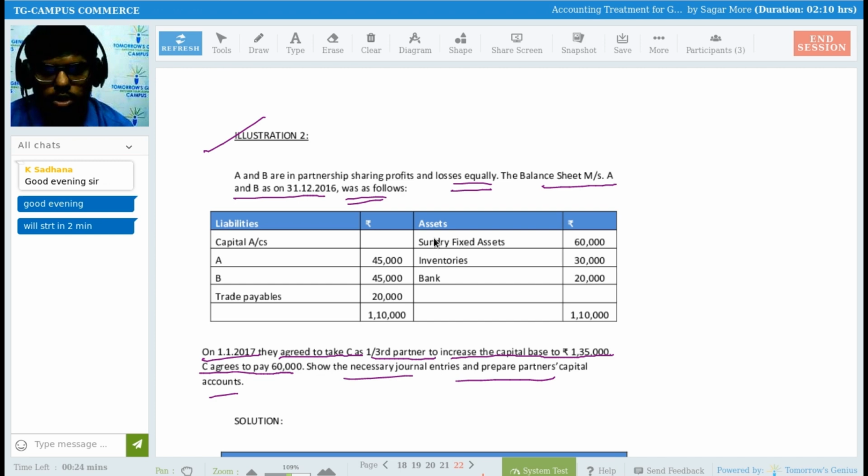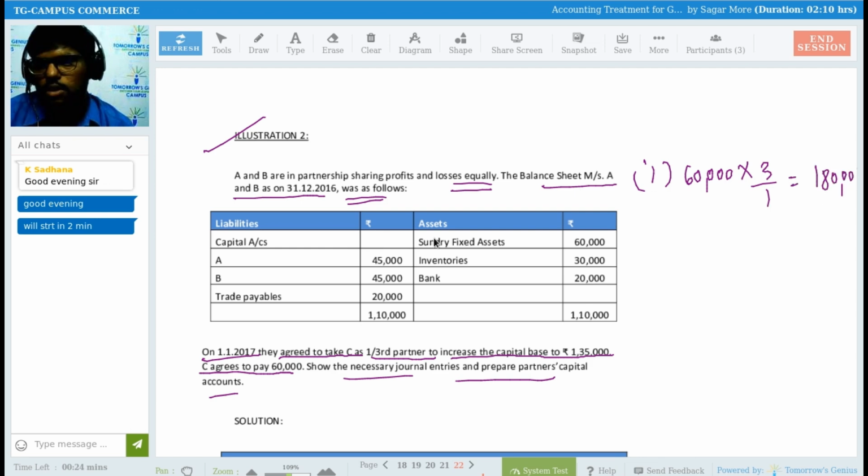Okay. So C agrees to bring in how much capital? 60,000. So first of all, I need to calculate the base capital: the 60,000 rupees of capital brought in by him multiplied by the reciprocal of his share, that is 3/1.